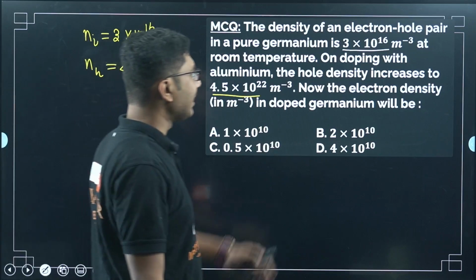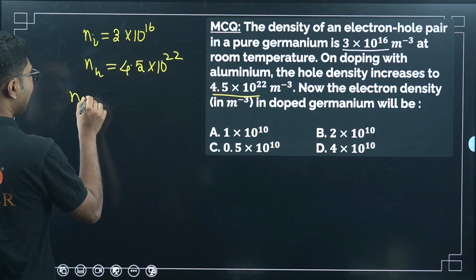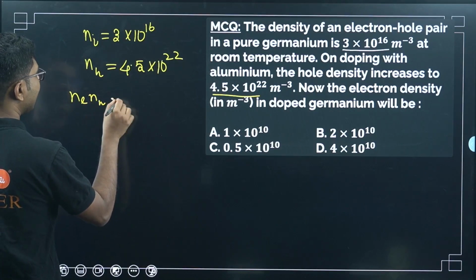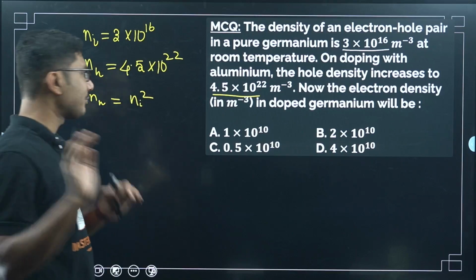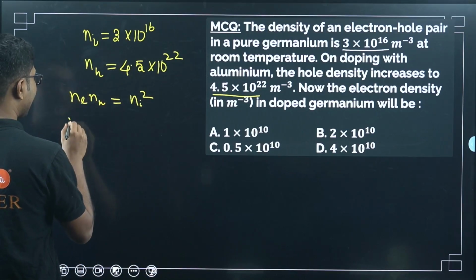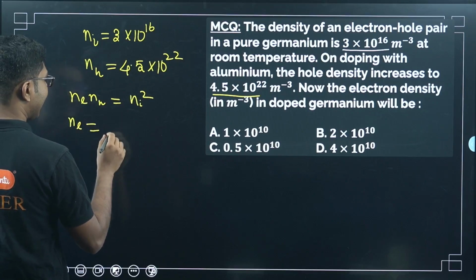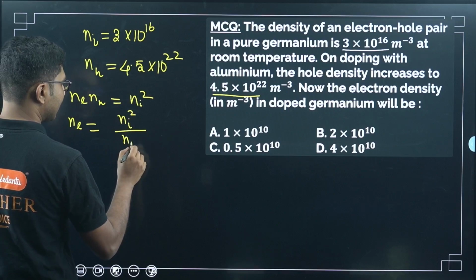Now the electron density: we know that Ne times Nh equals Ni square. This is always true, you have to remember that. We are trying to find Ne, so Ne is Ni square divided by Nh.